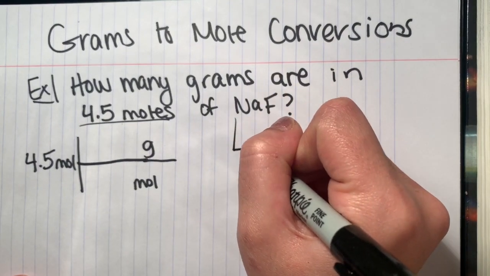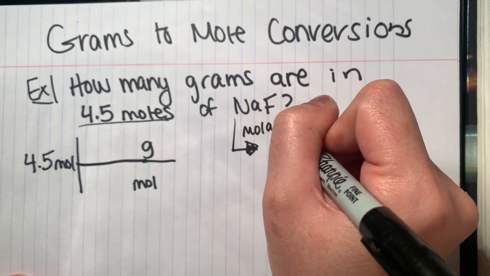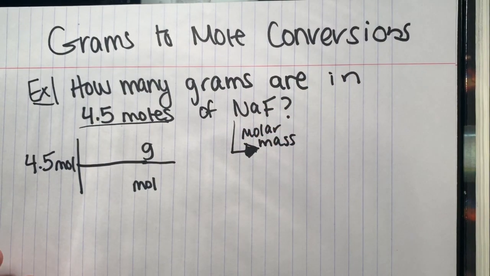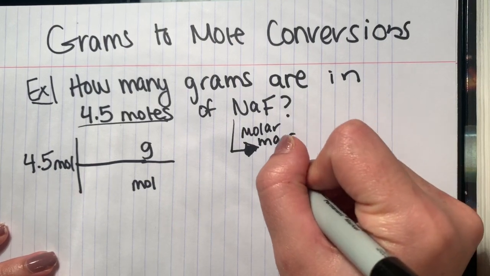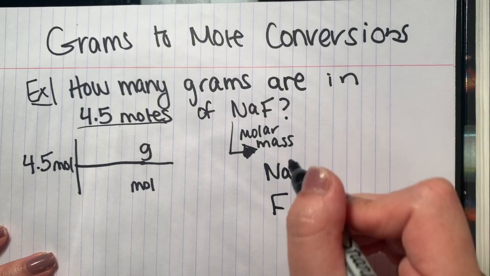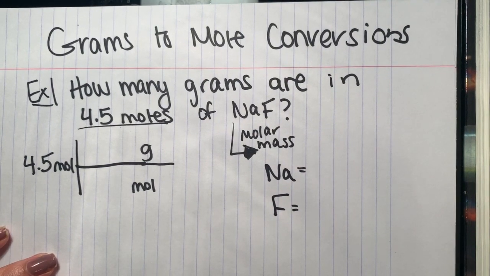We just have to take a moment to calculate the molar mass of sodium fluoride, right? Which is what we learned how to do in the very beginning of this video. So I'm gonna list all the atoms in my compound, which is sodium and fluoride. Then I'm gonna look up the molar mass of the element on my periodic table.